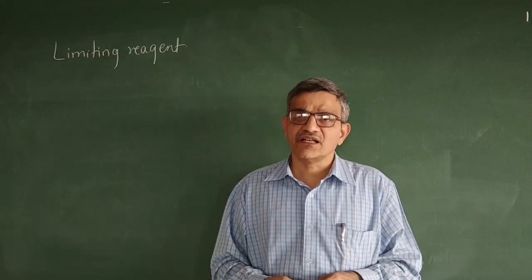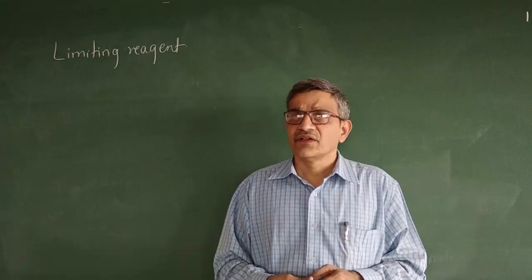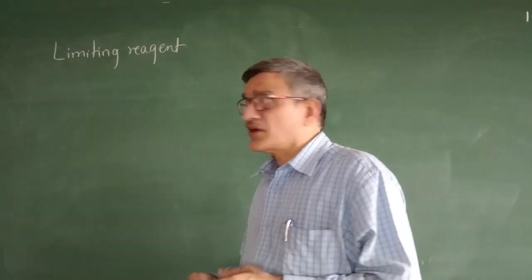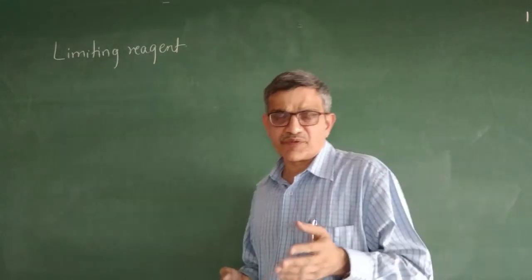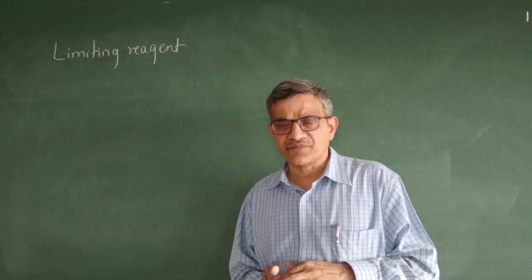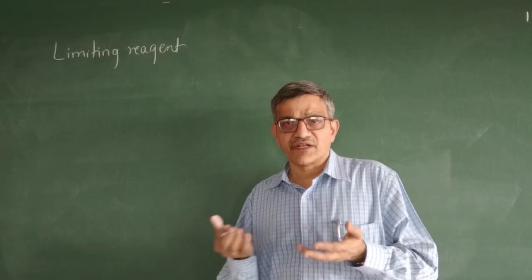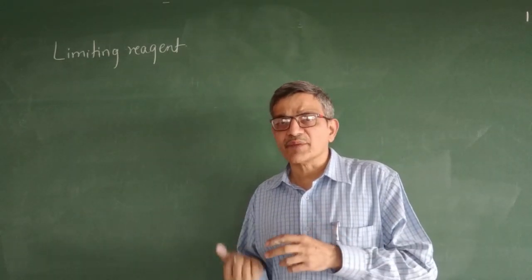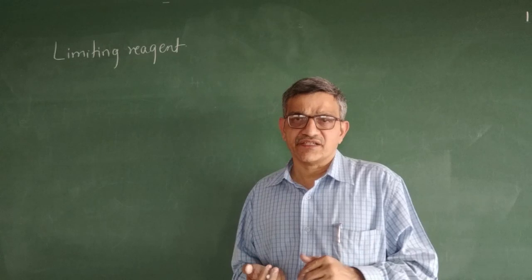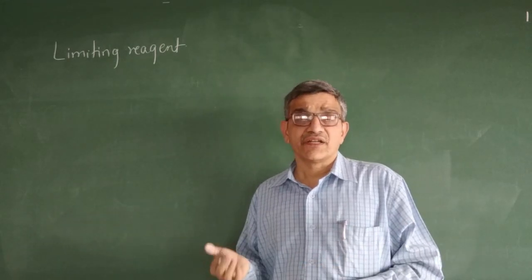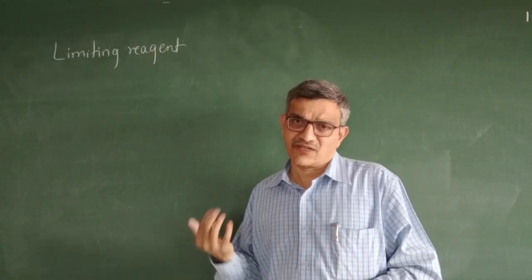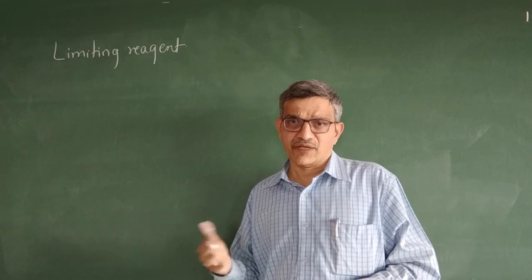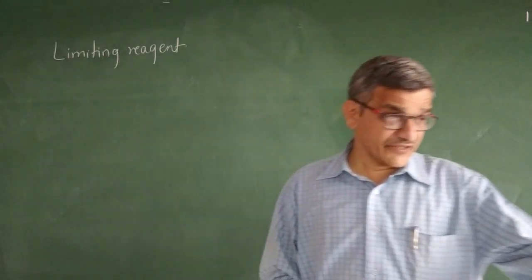I have given the example of preparing tea, where the content that is least available is the limiting reagent. The same way here also, but here you have to consider the mass as well as the number of moles. It depends on that also. Okay, so let us take the example here.